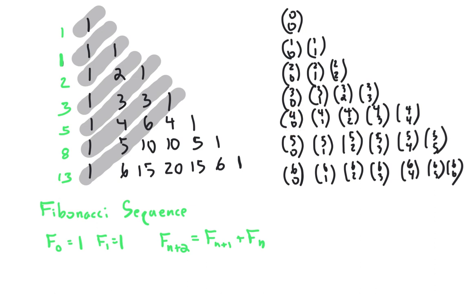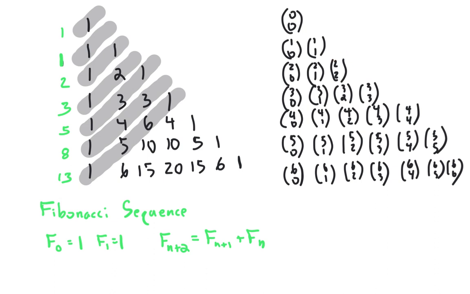So it looks like, in some sense, these are all of the terms where if we add these two numbers, we get 0. This is all of the terms where if we add these two numbers, we get 1. Here's all the numbers. If we add the two numbers, we get 2. If we add the two numbers, we get 3. If we add the two numbers, we get 4, etc.